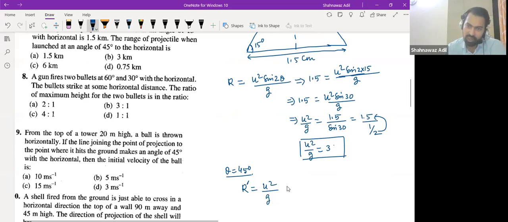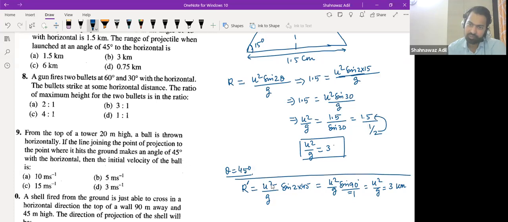So this is u square by g sine 90. Sine 90 is 1, so this would be u square by g, which we calculated as 3. So this would be 3 kilometers.